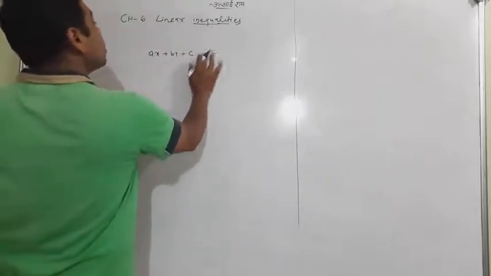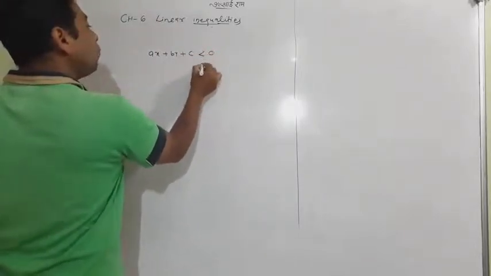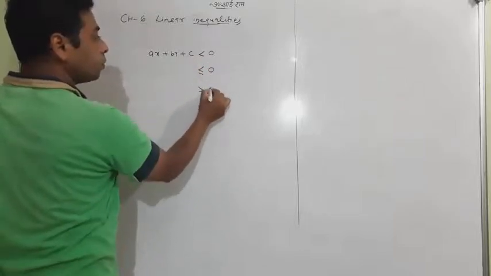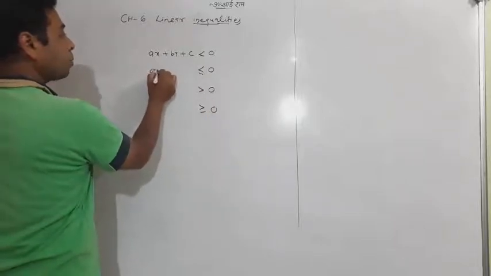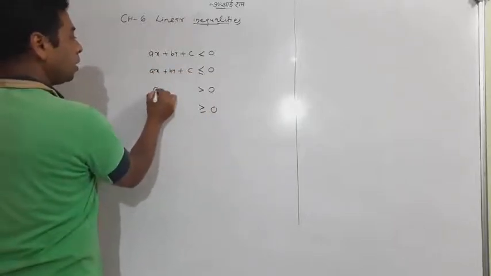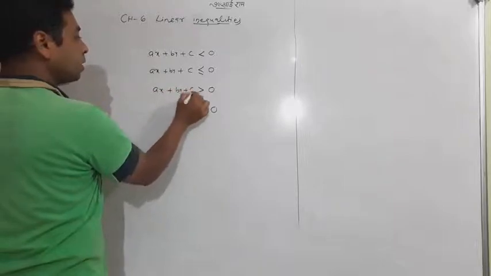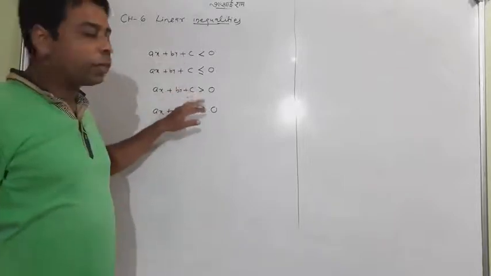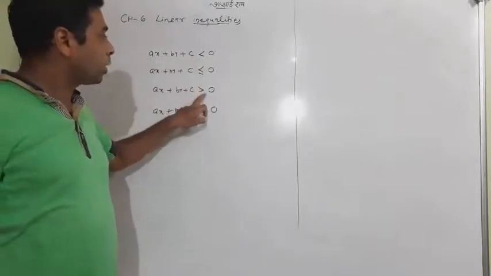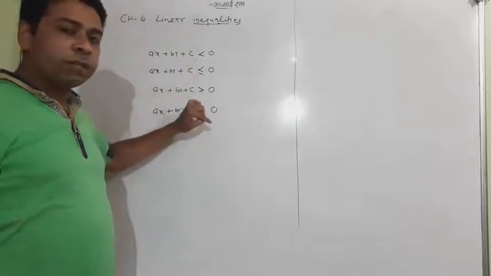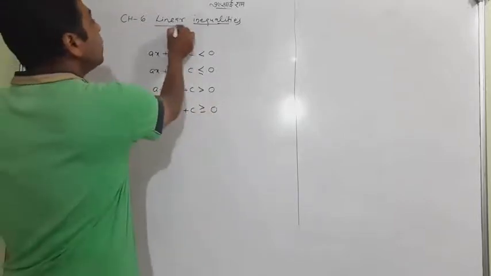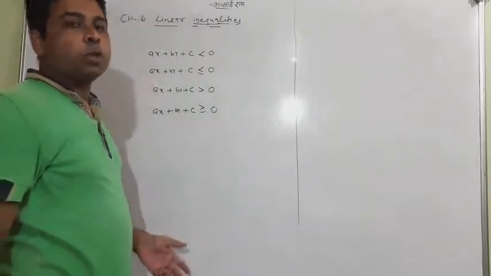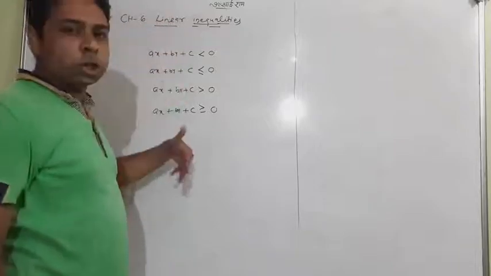Instead of the equal to sign, if it follows these signs, the same ax plus by plus c, when it follows one of the four conditions, less than, less than or equal to, greater than, greater than or equal to, the whole thing is called a linear inequality, or linear inequation. So in the whole chapter we have to study that only.